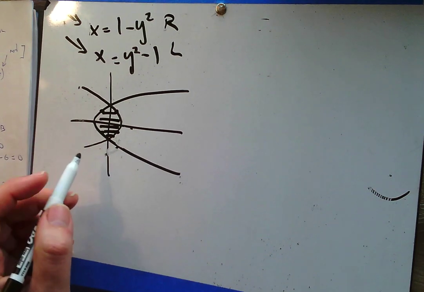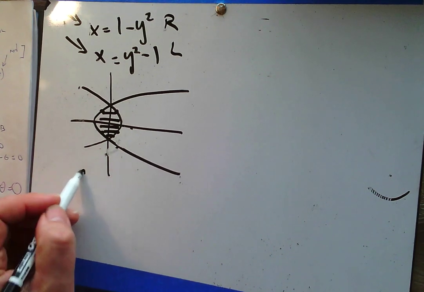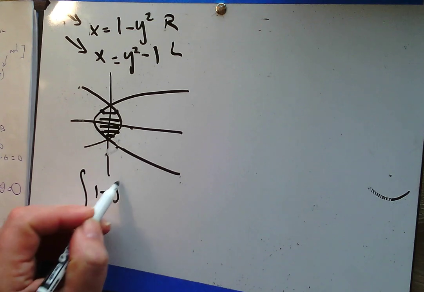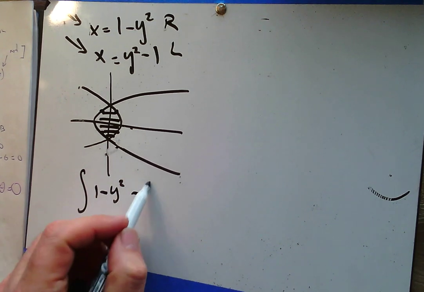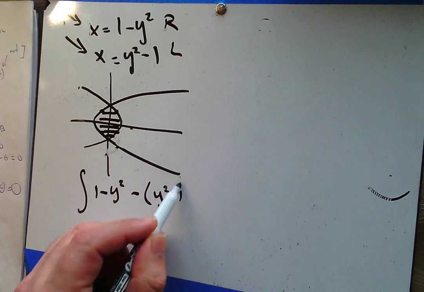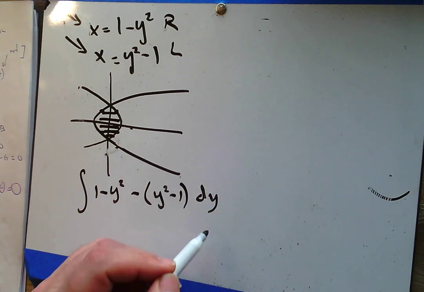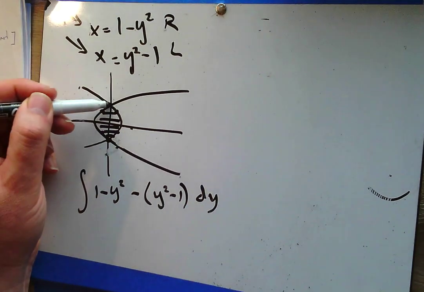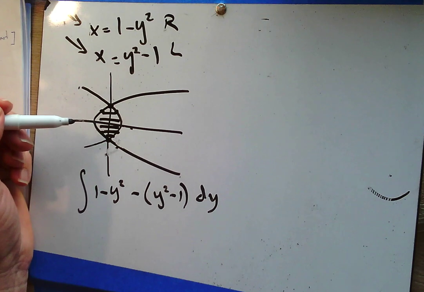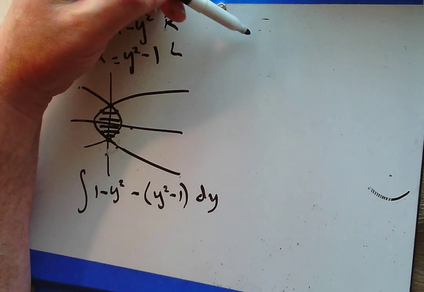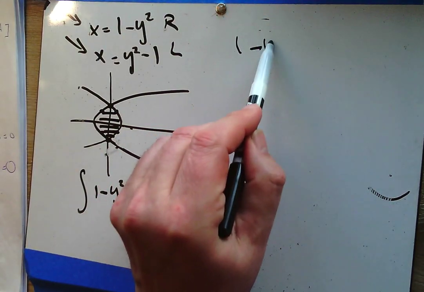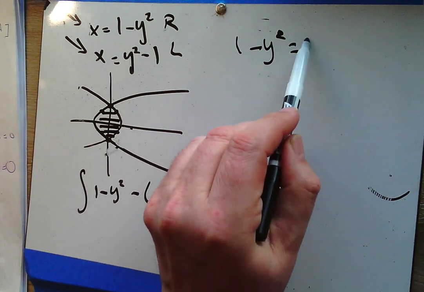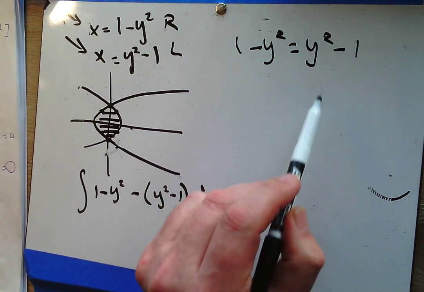Okay, so I'm going to integrate 1 minus y squared minus y squared minus 1 dy. Ooh, from here to here, I'm going to need to find those points of intersection. I need to find where 1 minus y squared intersects y squared minus 1.